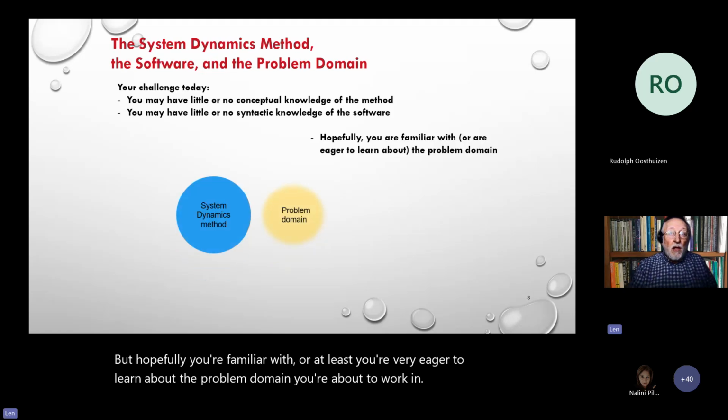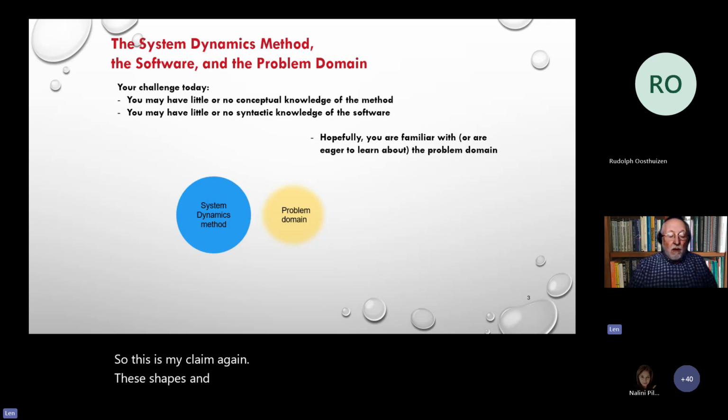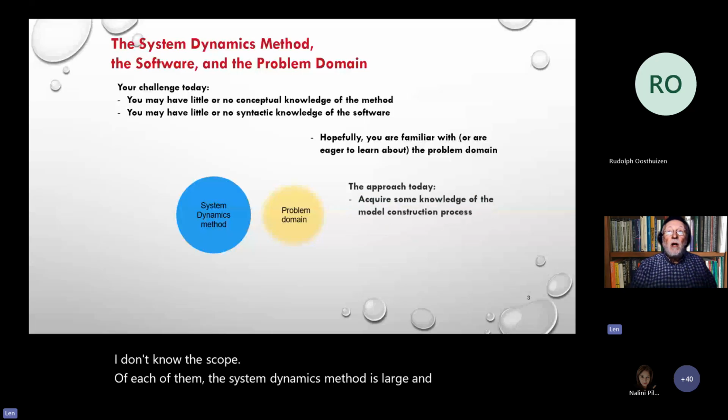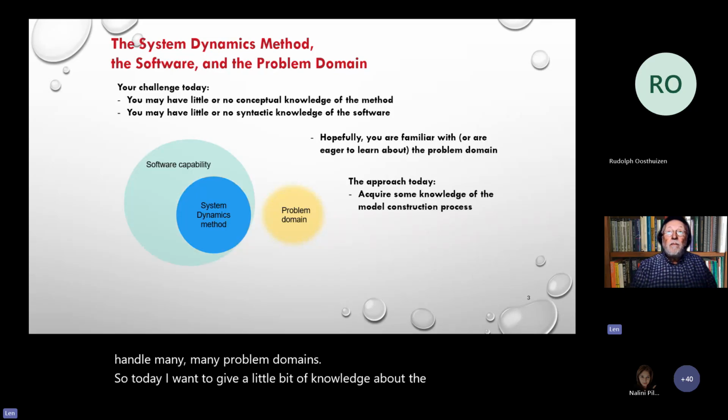So this is my claim again. These shapes and their sizes represent the scope of each of them. The system dynamics method is large and can handle many, many problem domains. So today I want to give a little bit of knowledge about the model construction process.